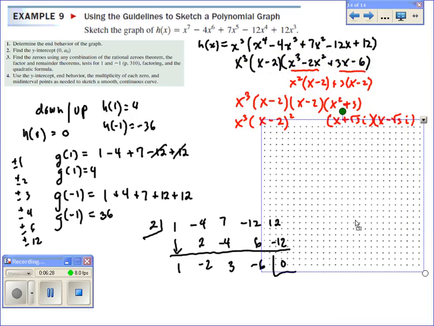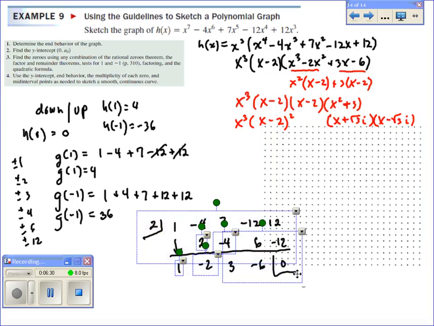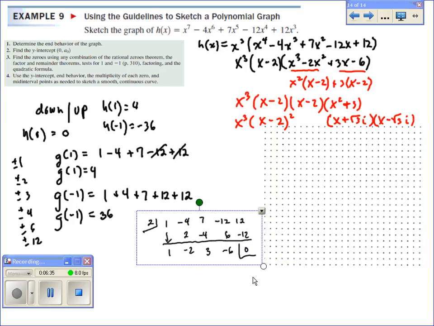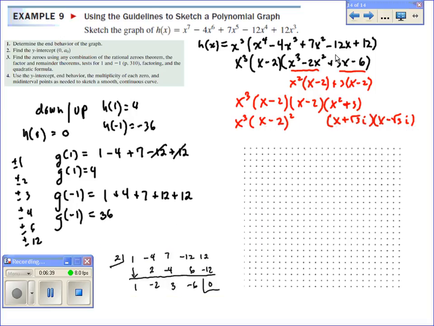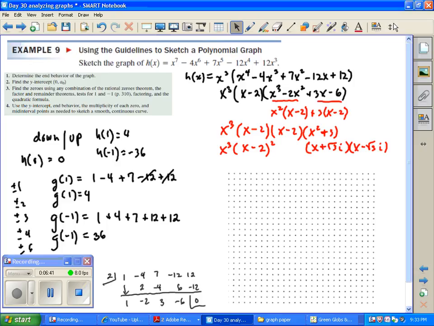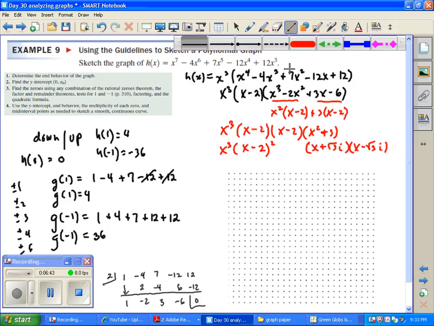So now how are we going to graph that? Well, first thing I'm going to do is group all these and shrink them and move them down here. And on here, I want to switch views and use this to make my graph.